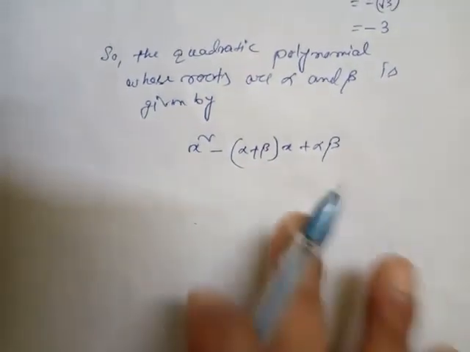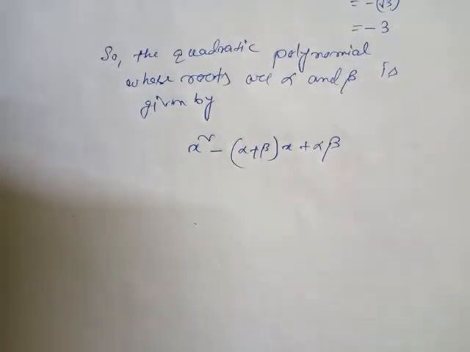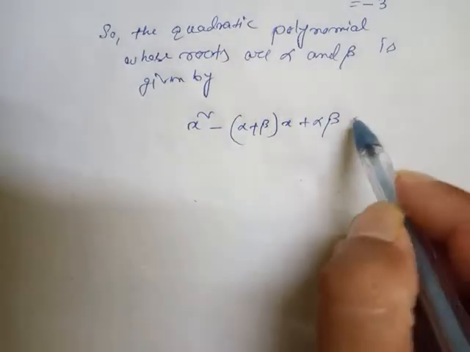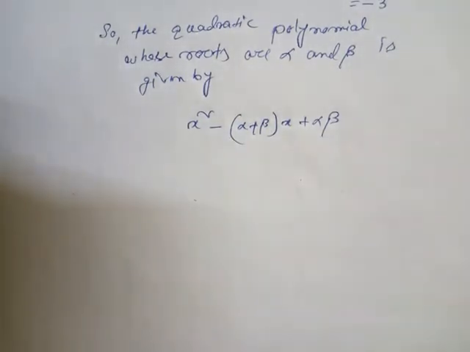This is the standard form of the quadratic polynomial. I repeat again, this is the standard form of quadratic polynomial. If I give here equal to 0, then it is a quadratic equation.